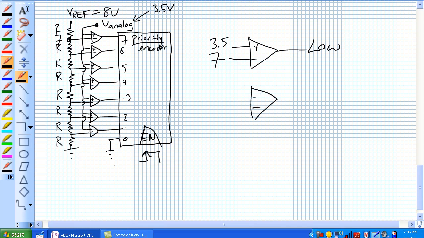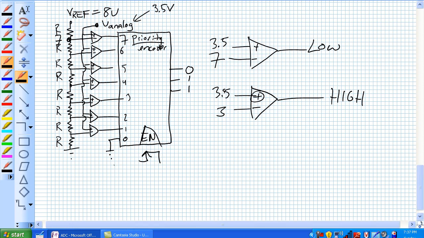So looking at the perspective of the voltage comparator that's tied to, in this particular case, 3, the non-inverting has 3.5 on it. That one's going to go high. Okay, and because it's a priority encoder, yes, I know that 2 and 1 are also going to receive 1s, but it's a priority encoder, so its output is 0, 1, 1, i.e. 3.